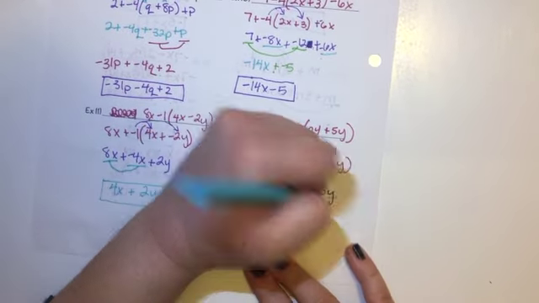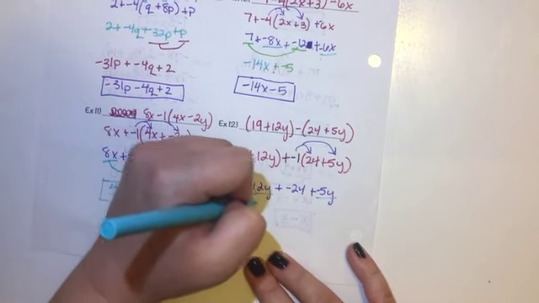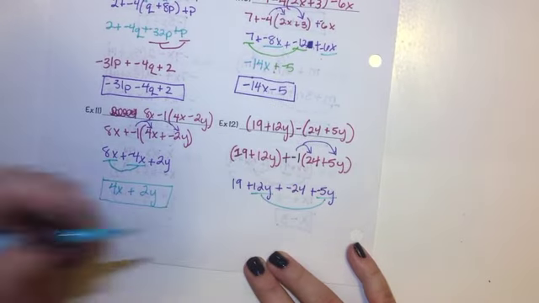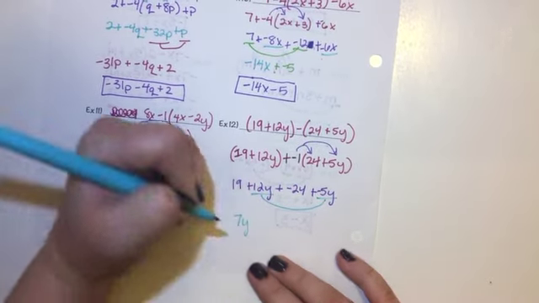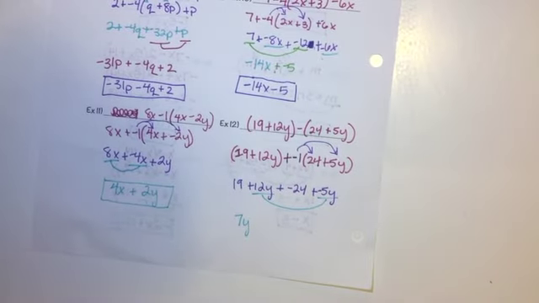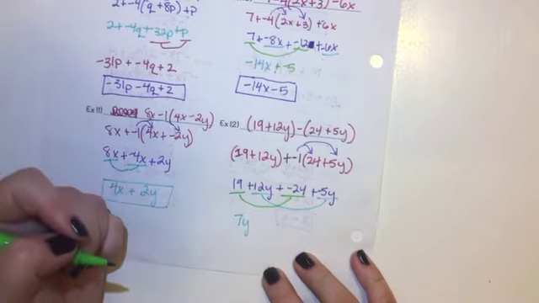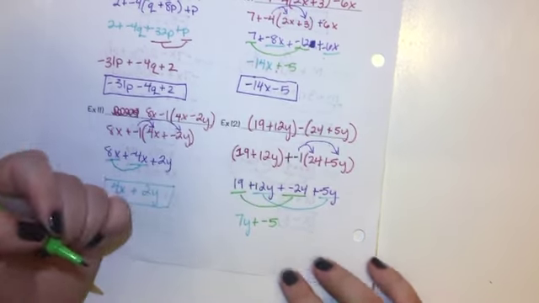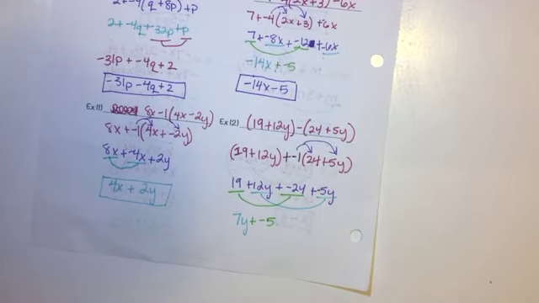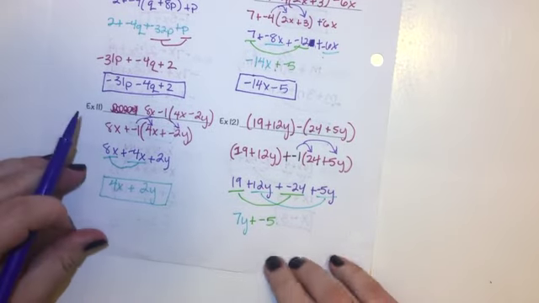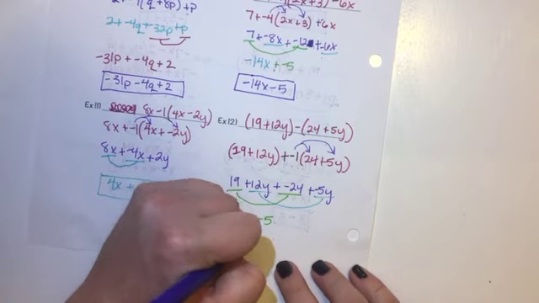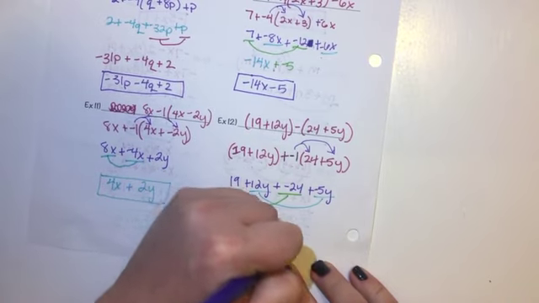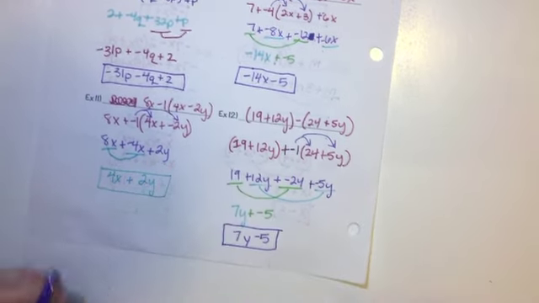I'm going to do my coefficients first. 12y plus negative 5y is going to be 7y. And then I've got 19 plus negative 24. That's going to be plus negative 5. And last but not least, instead of adding the opposite, I can change this to 7y minus 5. And that's my final answer.